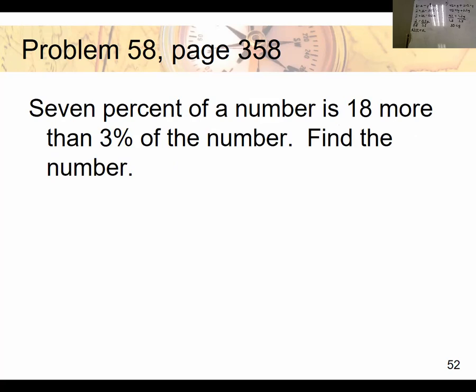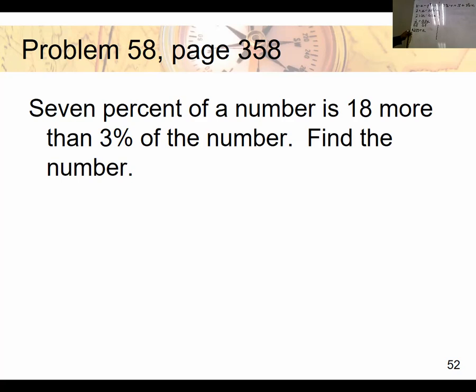All right. Let's say we had this: 7% of a number is 18 more than 3% of the number. And here I want to find that number. 7% of a number, and I'm letting n be the number, and of represents multiplication, is the equal sign, 18 more than, and more than means addition, 3% of, which is multiplication, a number.